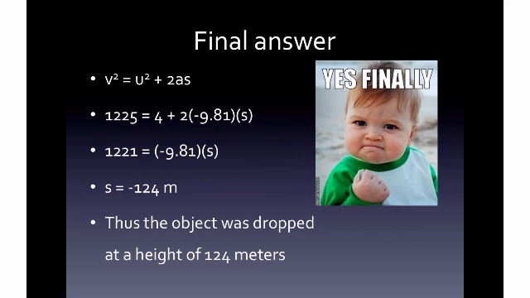From negative 9.81 and the two variables given in the question, s can be easily computed. Once again, s is going to be a negative number because 0 minus a positive number will give a negative number, since you're calculating final state minus initial state, and thus the object was dropped at a height of 124 meters.